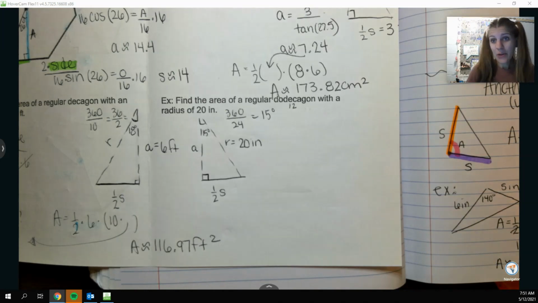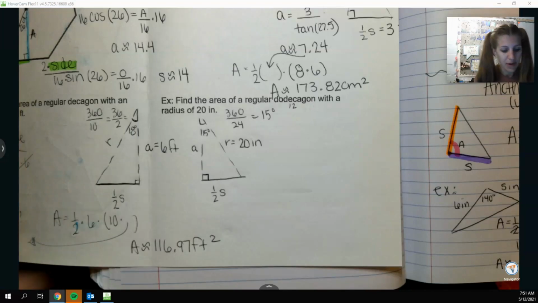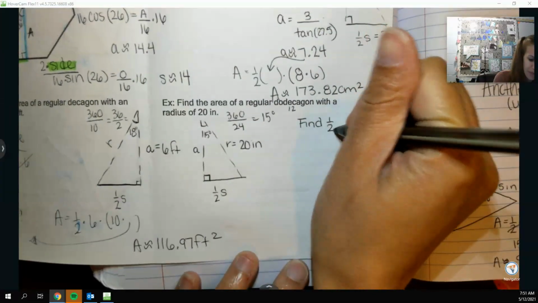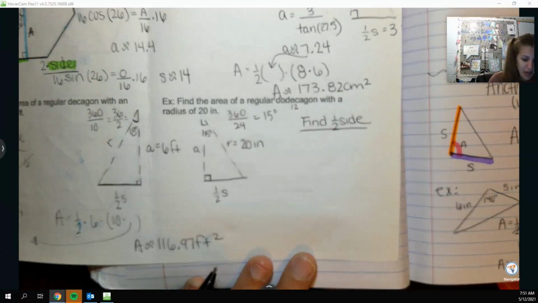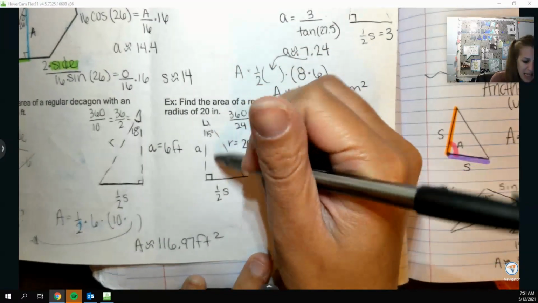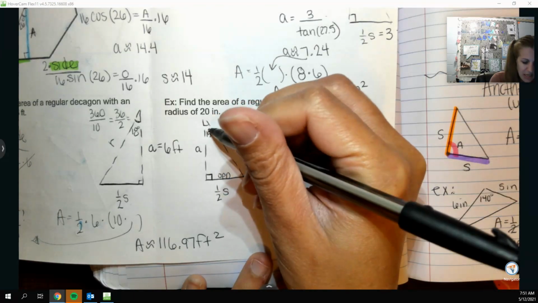And then if you remember the time I did this before, when I had to find both, I had to use sine and cosine. So I'm going to have to make a choice which thing I want to find first. Maybe I'm going to find the side first. It really doesn't matter. But if I want to find the half side first, that is opposite your 15 degrees.